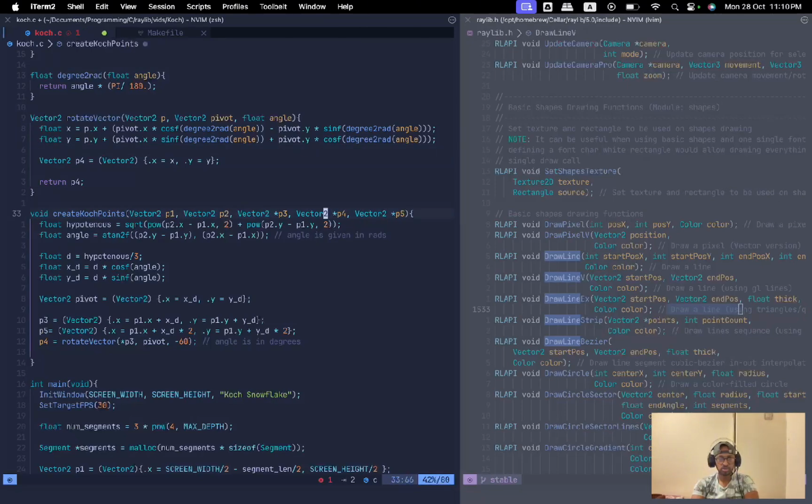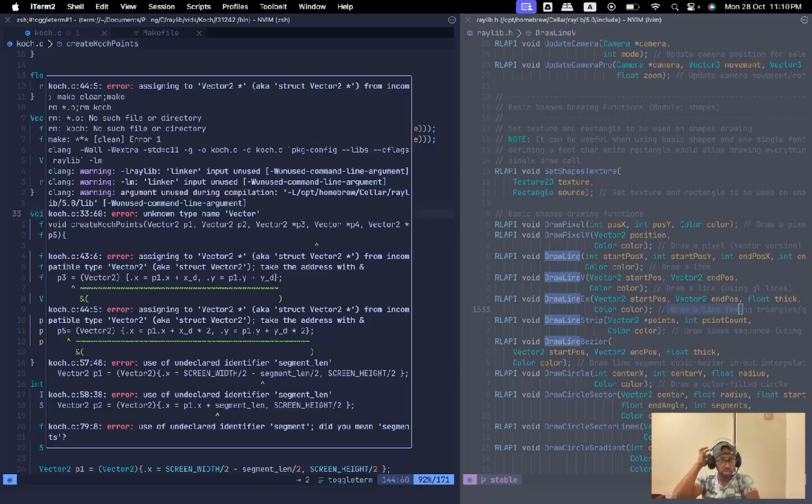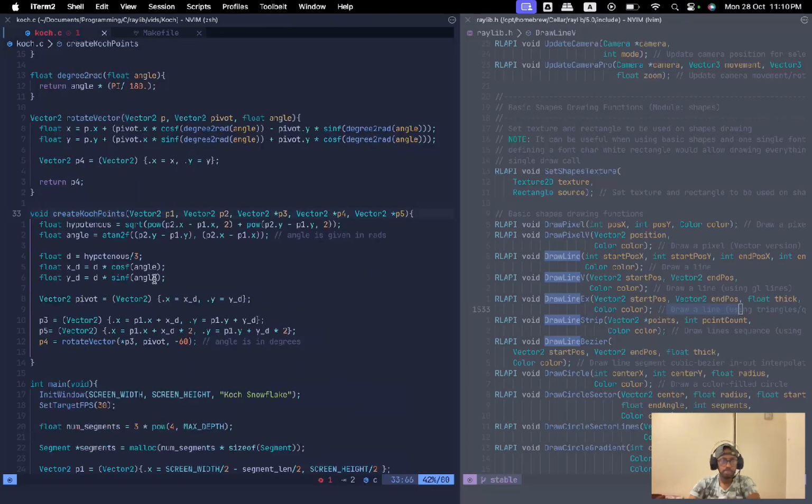This vector 2. Another point here. Assign to vector 2 following compact vector 2, line 43.